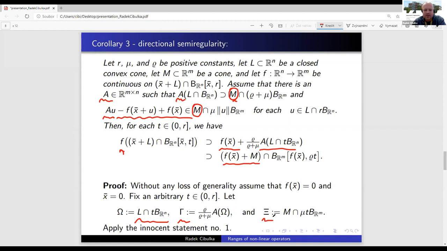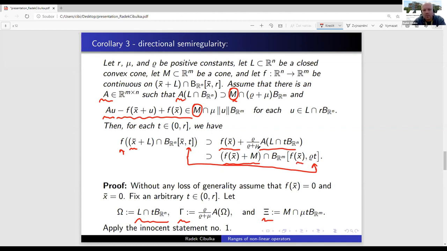And just one comment: the difference is that here you have some radius of my ball, and here you have linear dependence, so a constant times the same radius. Yeah, so this is precisely openness with linear rate or metric semi-regularity, so everything is fixed at the reference point.